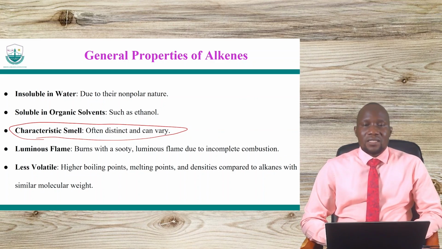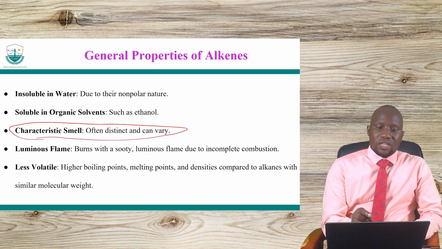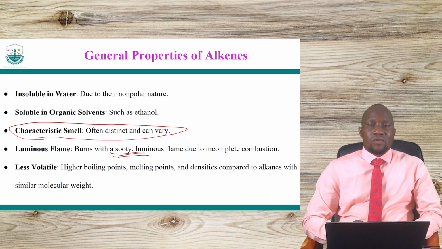So they burn in the presence of oxygen, of course, to produce different products. We shall see that carbon dioxide and water are produced. But if you have limited oxygen, that is when you produce that sooty luminous flame.